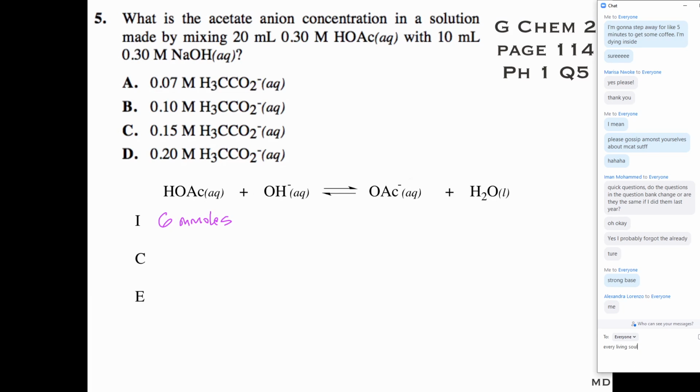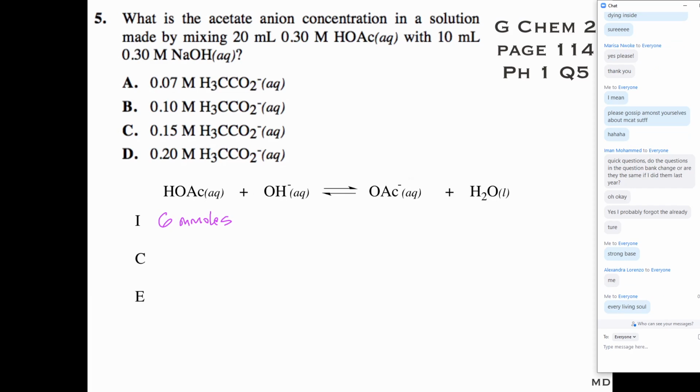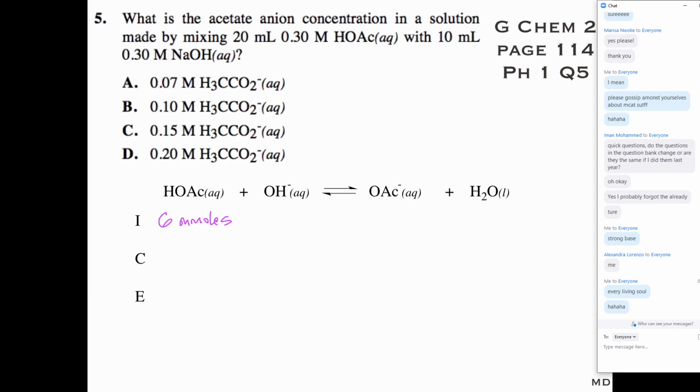I think every living soul probably does hate the term millimoles, but it beats 10 to the minus 3. I've gotten used to it and, if you will, gone numb to it. 3 times 10 is 3 millimoles. And again, just make sure my units, moles per liter times milliliters, so liters cancel. You're left with a milli and a mole.